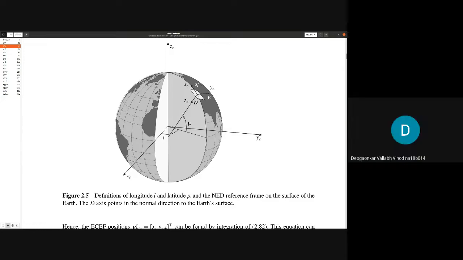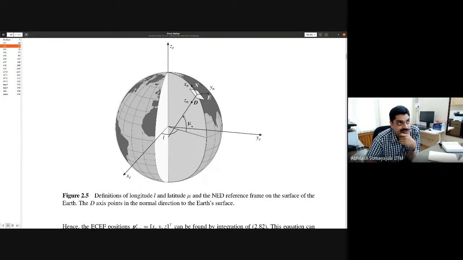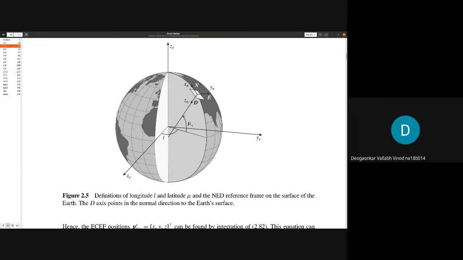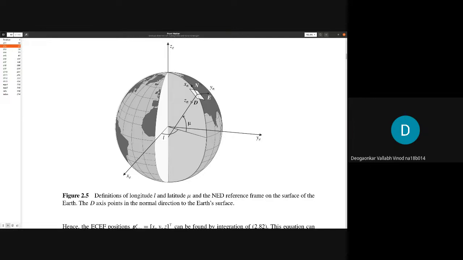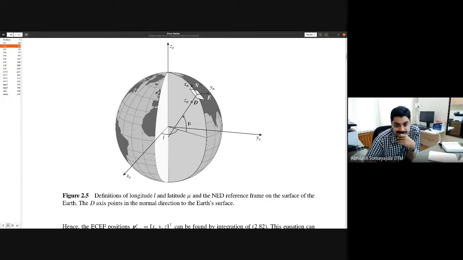So after we rotate about YE, we turn that angle. But why is it minus mu minus pi by 2? That's what I am thinking. My contention would be that if ZE must point in the Zn direction, it should go below, right? Yes, that's what I was thinking too. Minus mu minus pi is what I would have thought.